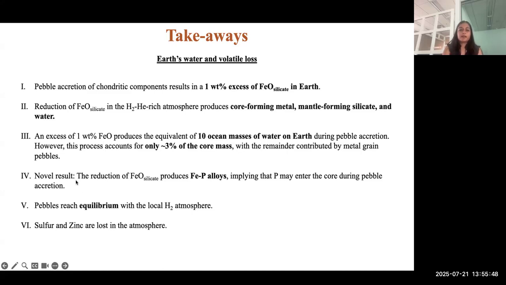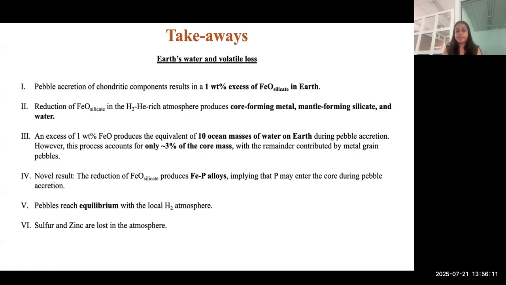My experiment shows that iron phosphide is produced via this reaction. Therefore, phosphorus may enter the core during pebble accretion. I think people think that iron sulfide is the first phase that goes into the Earth's core, not phosphide.